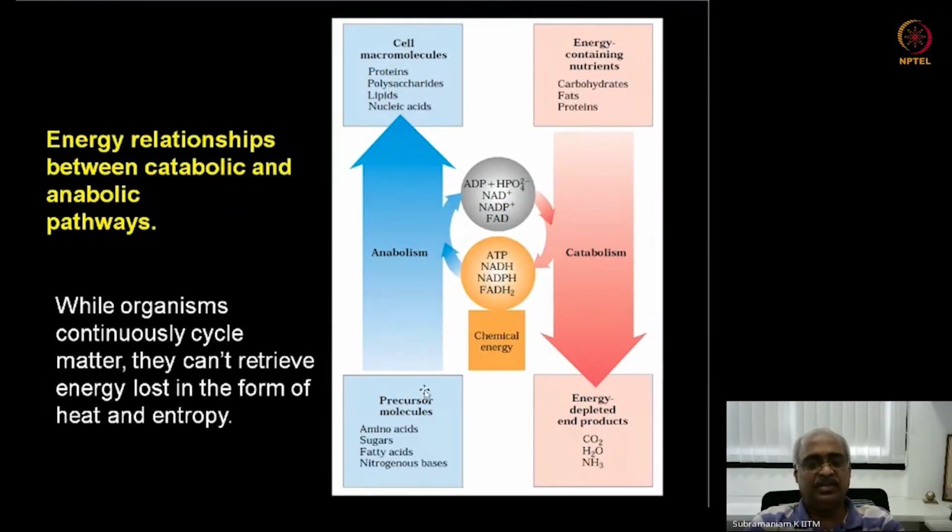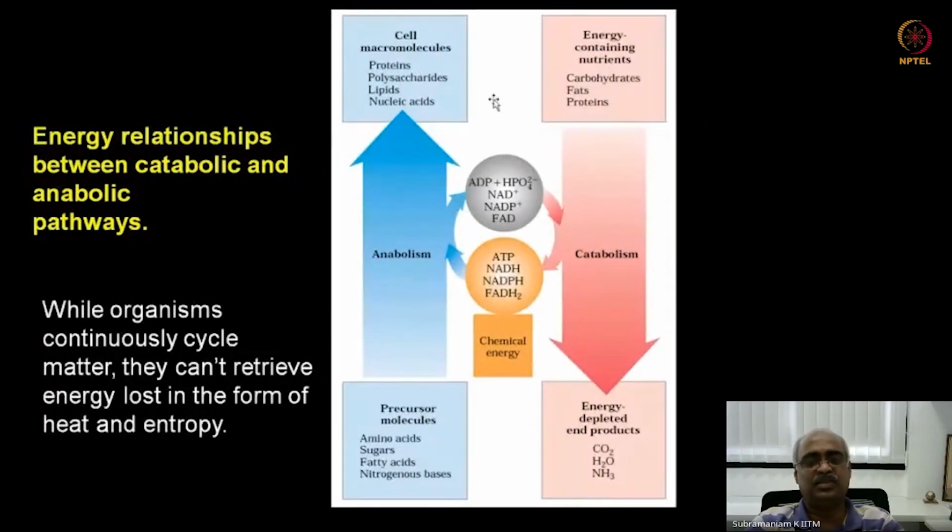And so here you have the precursor molecules getting converted into macromolecules. So that's anabolism, and then you can see from the products why this is important, right? You need to make proteins, polysaccharides, lipids, and nucleic acids, etc. for normal cellular function from the precursors. So these usually come from the food.